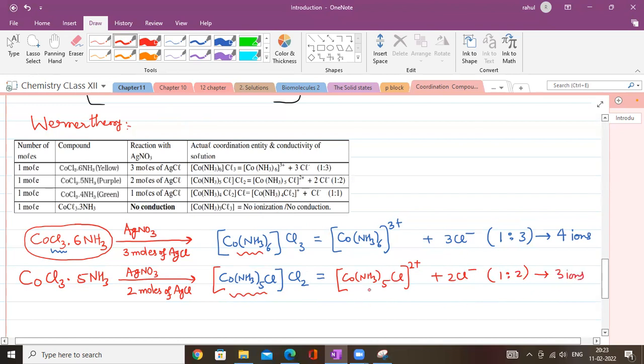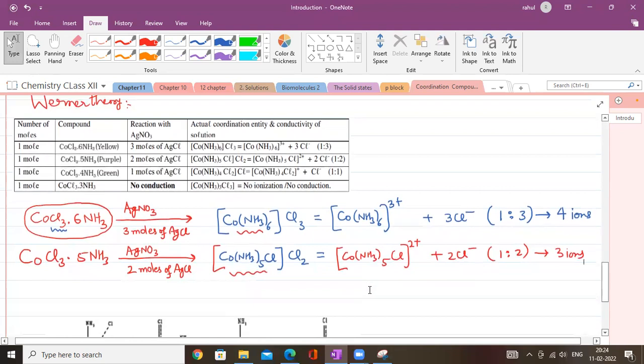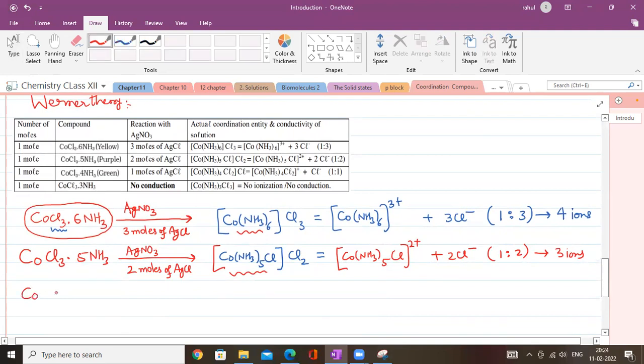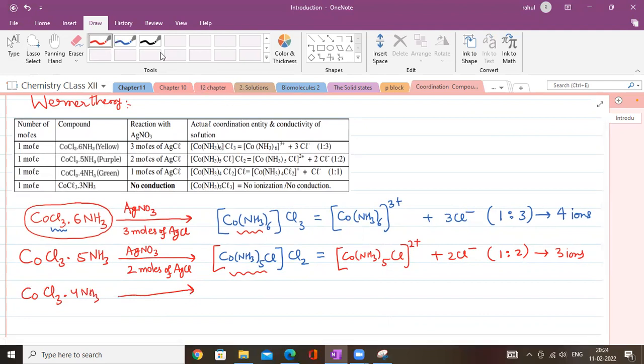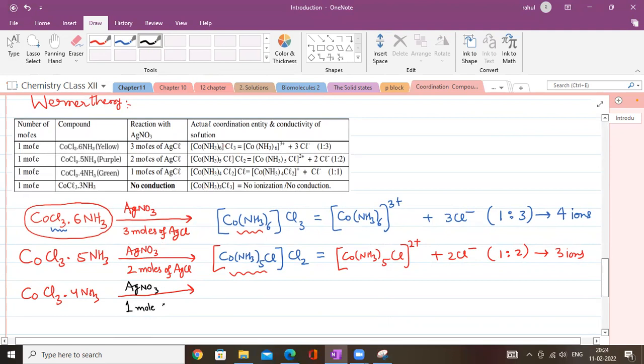The next point was he prepared another compound, and that compound was CoCl3 dot 4 ammonia molecules. When he reacted this compound with silver nitrate, he saw that only 1 mole of AgCl was obtained, or 1 mole of silver nitrate reacted to give 1 mole of AgCl.